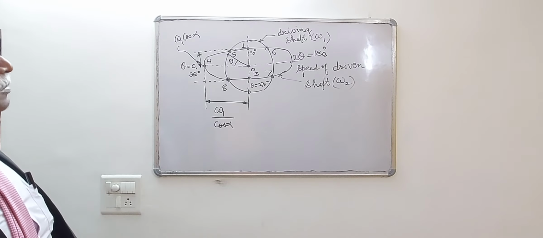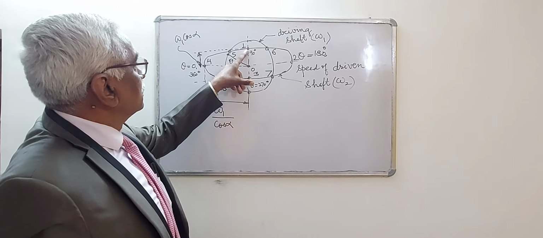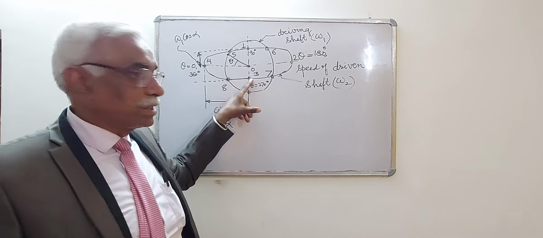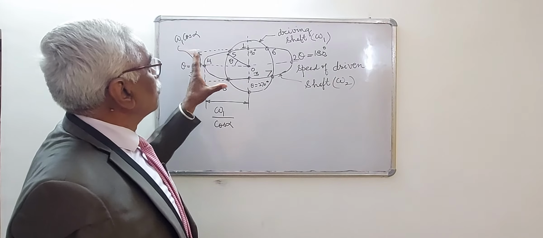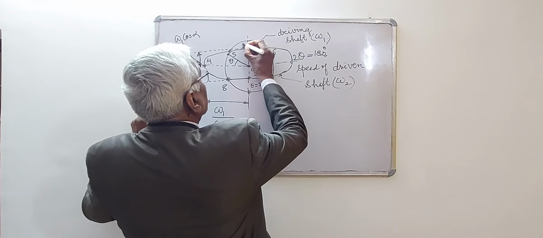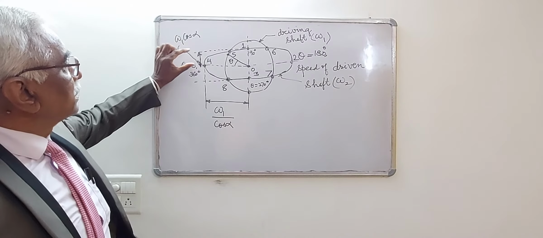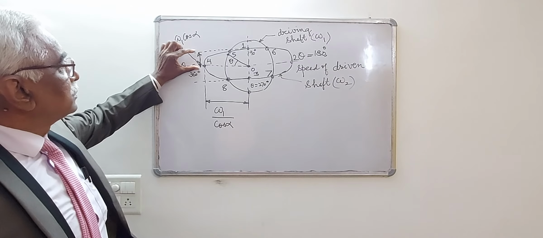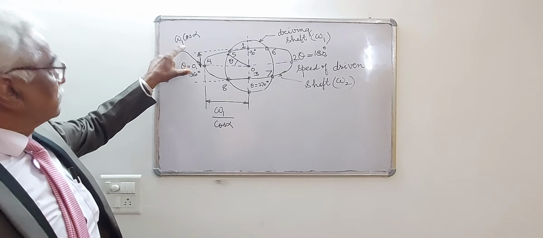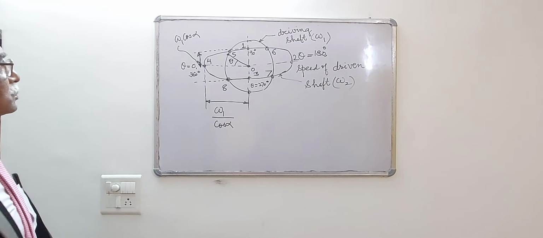And the minimum value is when theta is 90 degree and 270 degree. We have already discussed that. The value of omega 2 is minimum at these 2 points, point number 1 and point number 3. And the magnitude of the driven shaft at these 2 points when theta is 90 and 270 is omega 1 cos alpha.